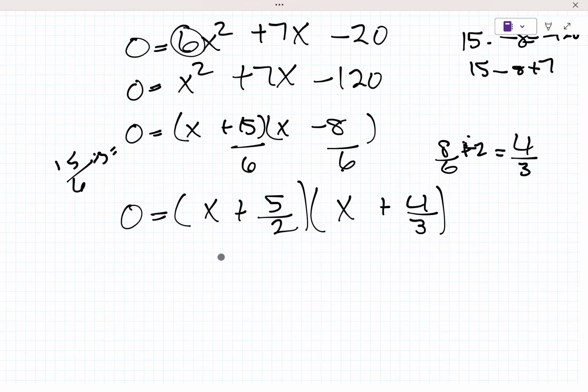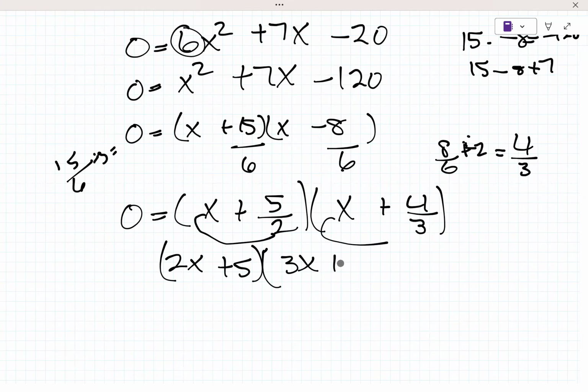Okay, so when we solve for it, we continue with bottoms up. Over here, you can put the 2 in front of the x, so it's 2x, and then leave the numerator alone. The same thing here: 4/3 cannot be reduced, so you put the 3 in front of the x and leave the numerator alone, just like that.